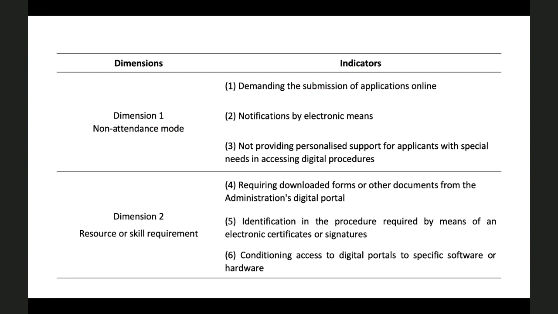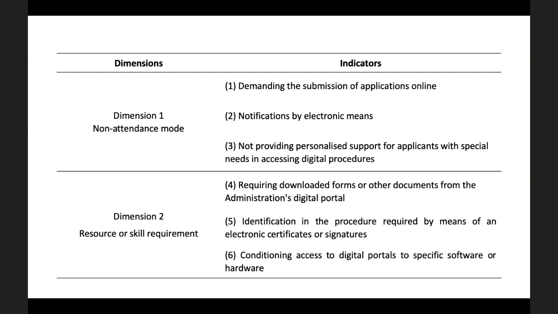Regarding the first dimension, I wanted to analyze whether the procedures were demanding the submission of applications online. I also wanted to examine whether notifications were done by electronic means and whether procedures were providing personalized support for applicants with special needs.